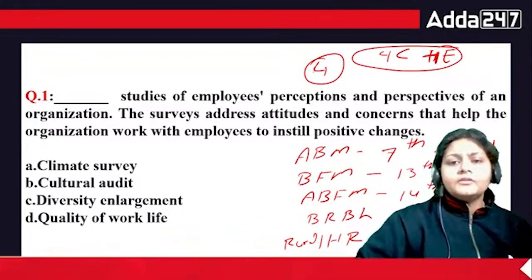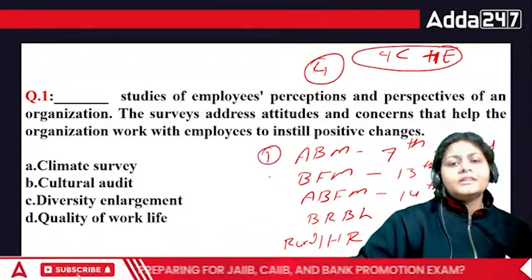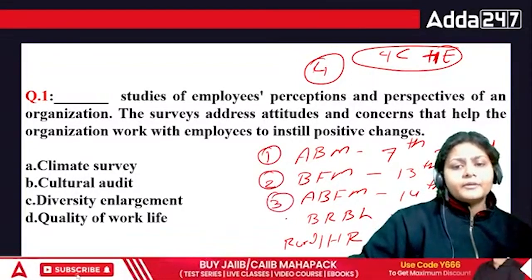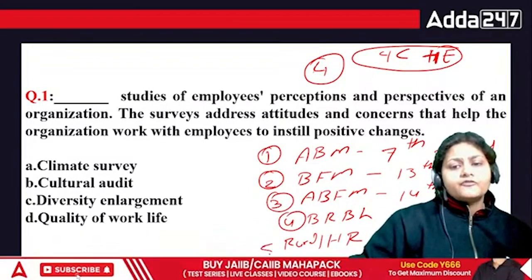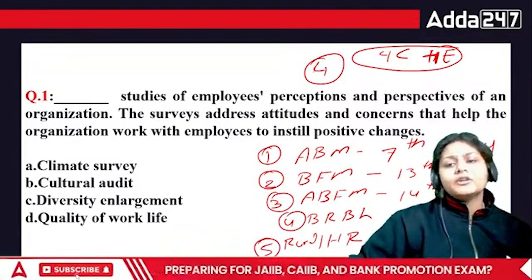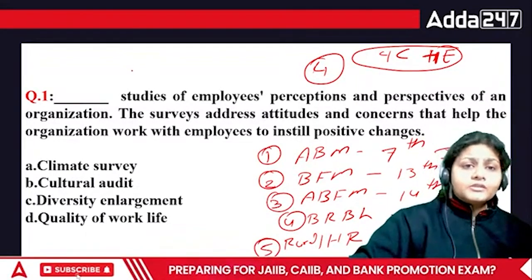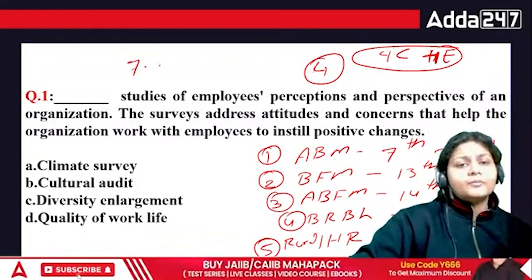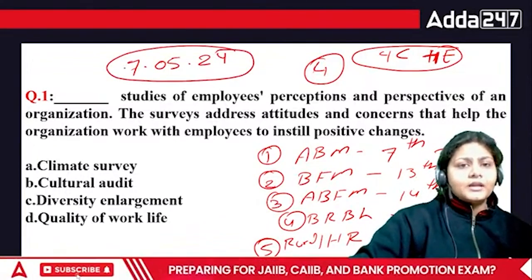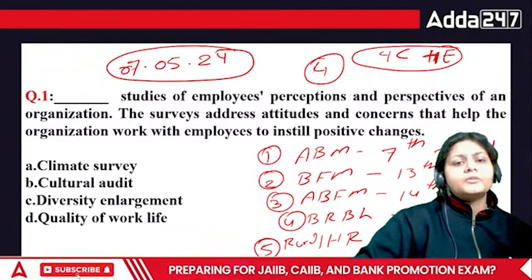You have to prepare all 5 subjects: ABM, BFM, ABFM, fourth is BRBL, fifth is rural, HR or any elective paper, on 27th July. And registration is going to start from the 7th of May 2024.